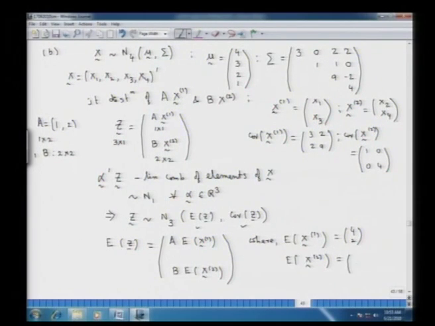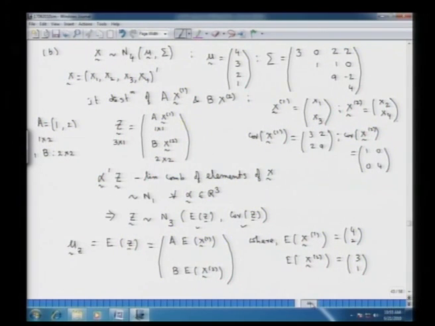So this is 3 1. So this is the expectation vector of the z random vector. Let us denote that by mu z. By plugging in the value of the A matrix, B matrix, expectation of x1 as given here and expectation of x2 as given here, one can obtain the explicit form of mu z.